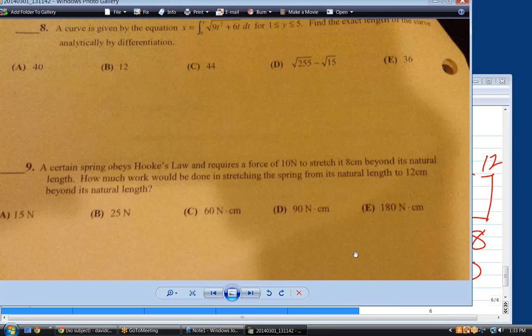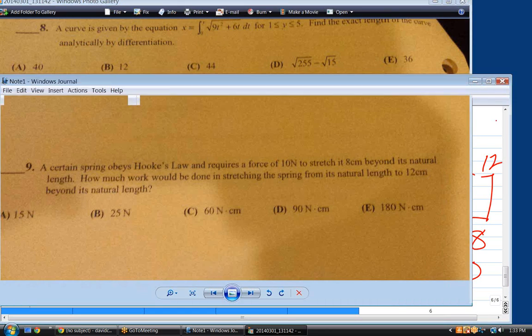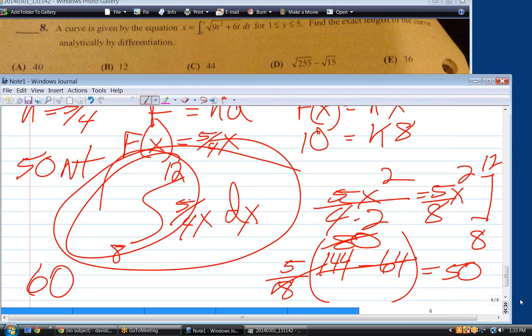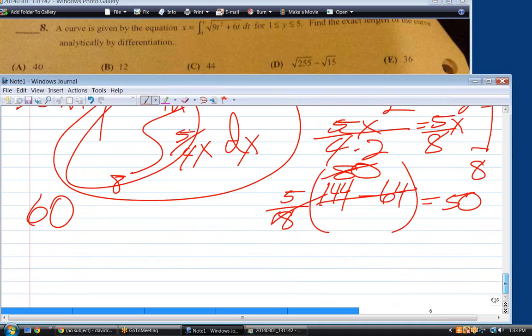Yeah. Is it? They say 90. They said 90? Yeah. All right, let's go back and integrate this thing from 0 to 12 and see if that matters. Let's see.